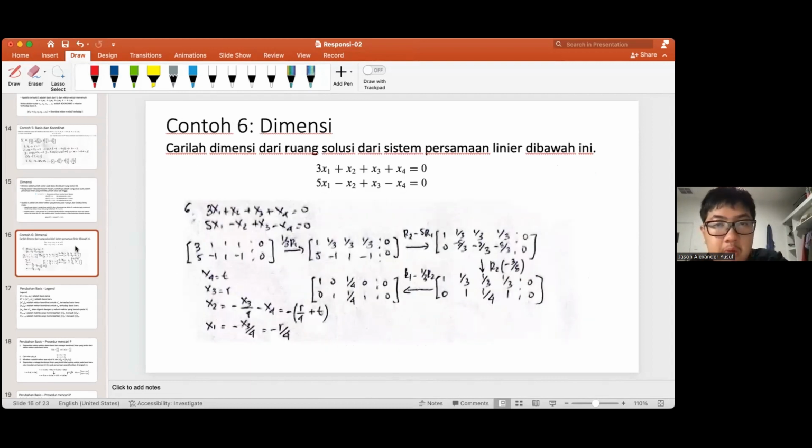Now, how do you find the dimension? Let's say you're given a system like this. The usual thing that you should do is convert it into an augmented matrix form and then perform the row operation, the Gauss-Jordan elimination. And here, if you take a look, you have x1, x2, x3, and x4.